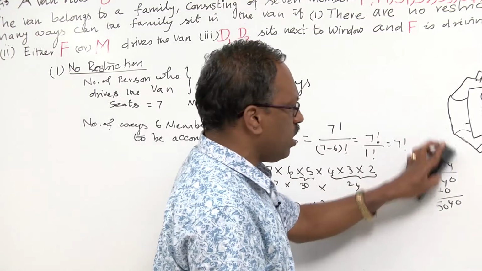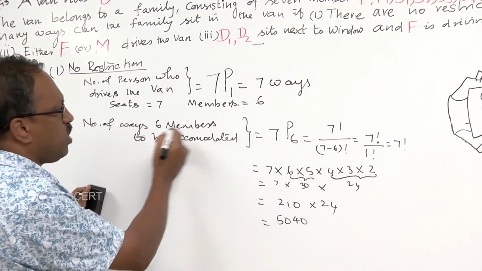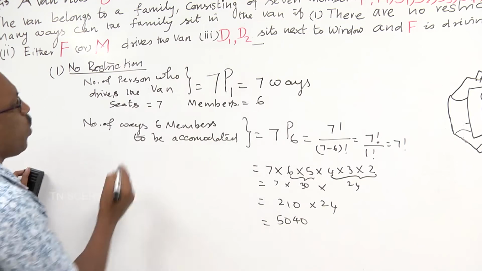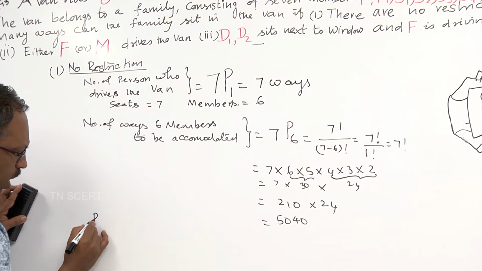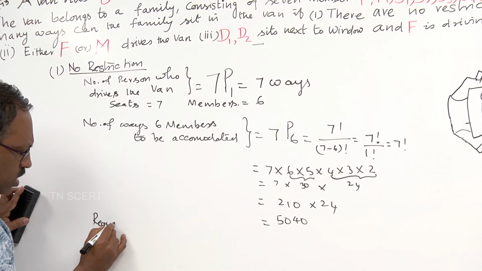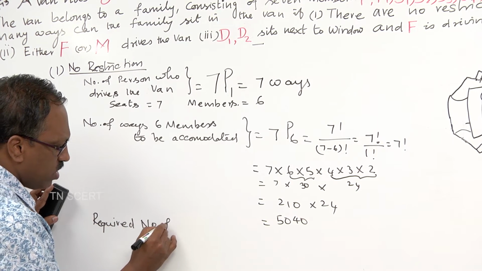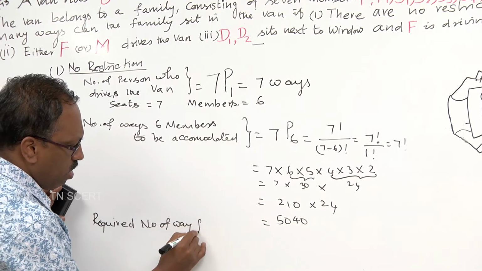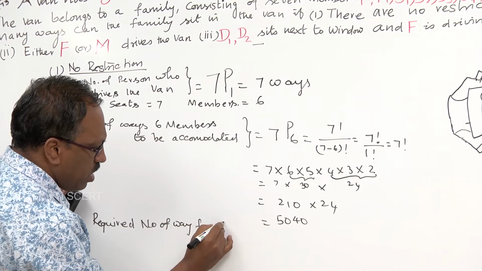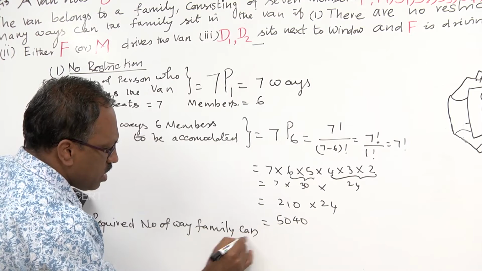So these many ways these people can be accommodated. For the first question, this is the required number of ways the family can be seated.